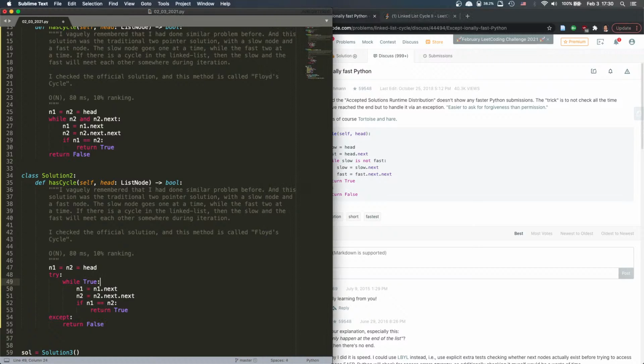This while true. While true, and we still need to check this. So we can reduce one check. We just check the other one. So we just do one check every time. Let's see.